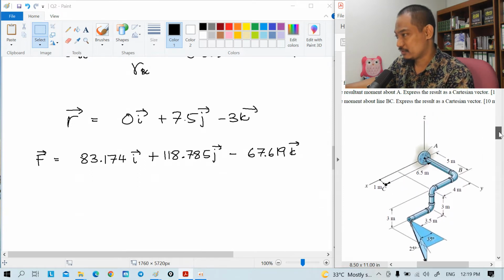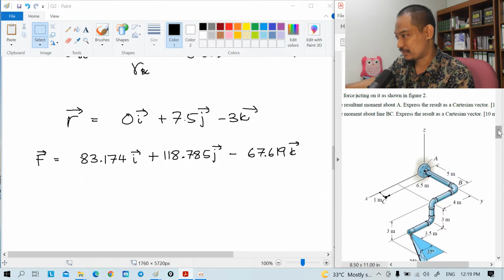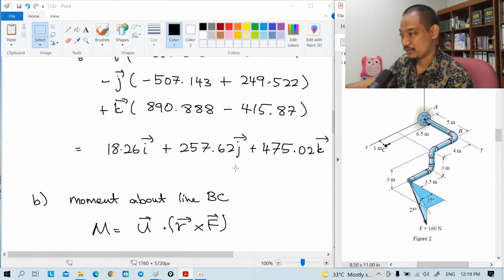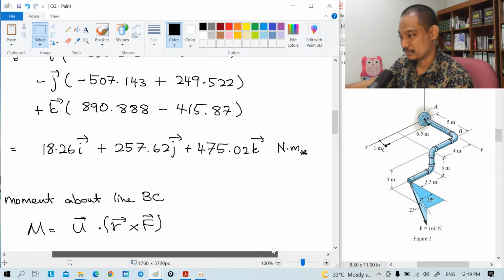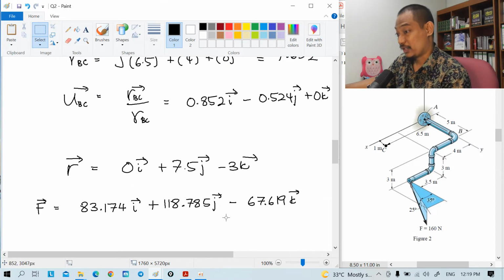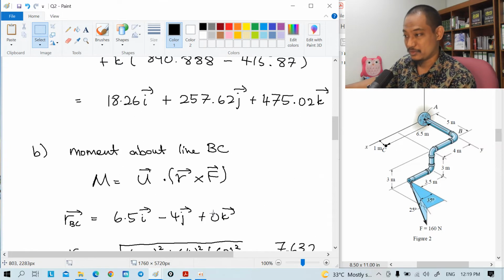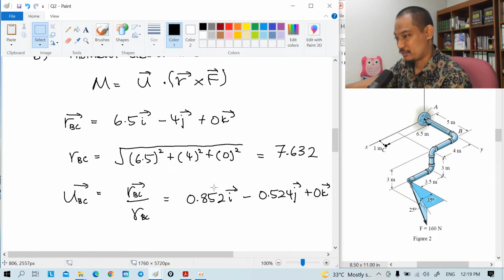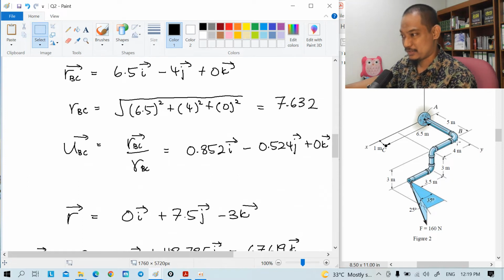Okay, we have to express everything in Cartesian vector. We have the three components that we need. U is the unit vector of the axis itself, R is from the axis to the force, and F is the force. So UBC is the line that the question actually wants.